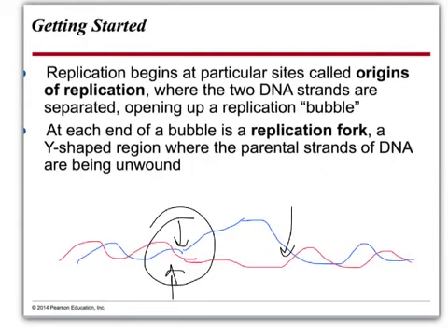Given those three things, what can you conclude about where that protein binds DNA? Binds to the origin. So it has to be able to recognize an origin and open up the DNA at that point. So sort of a deductive reason.